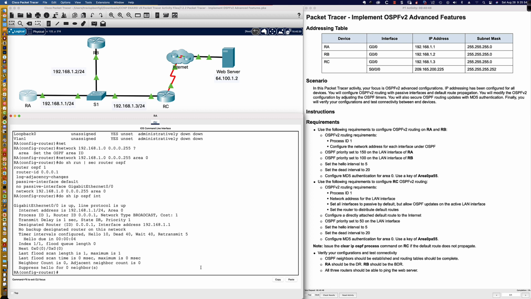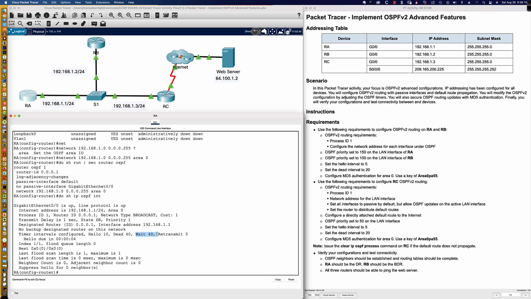In other words, we're increasing the IP OSPF priority to give router A the preference or the advantage to be elected as the designated router. Because again, we are on a broadcast network type, so you will have a DR, BDR election.